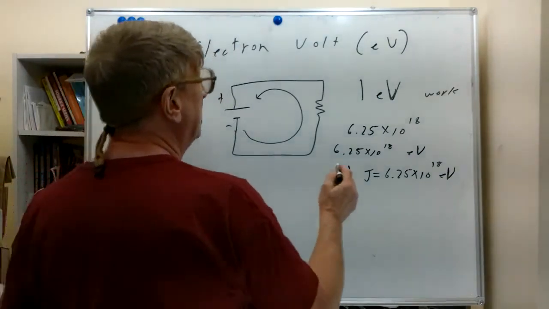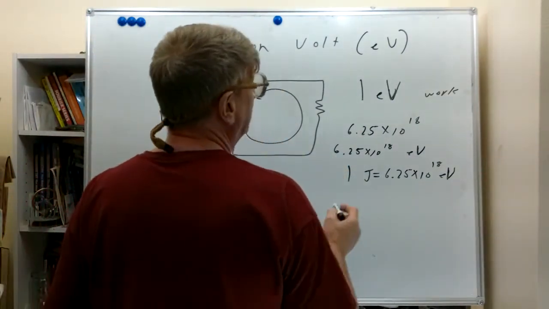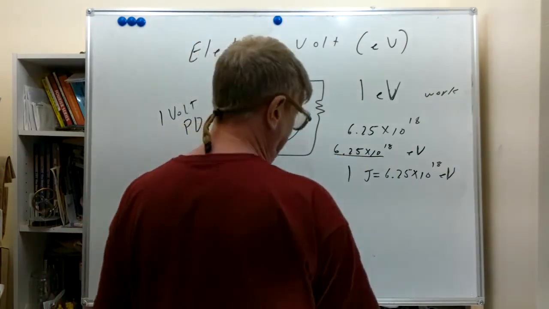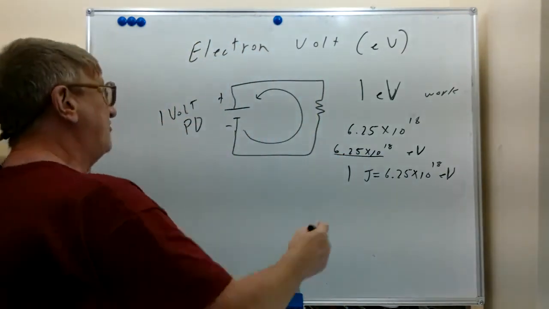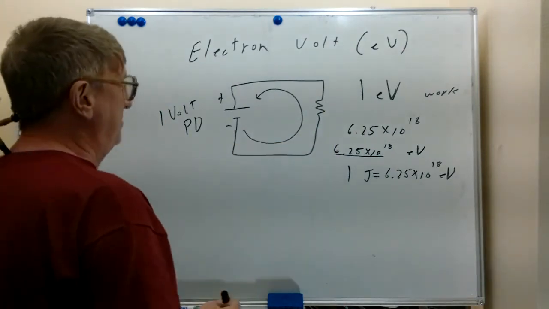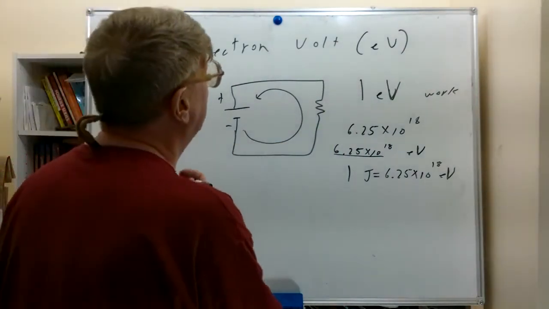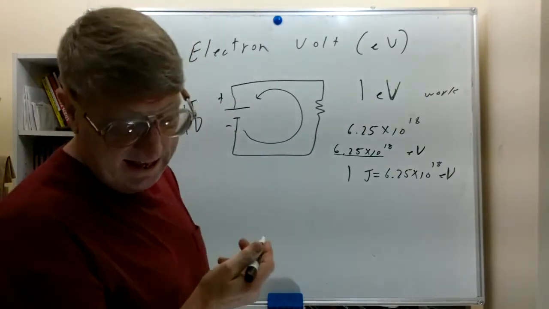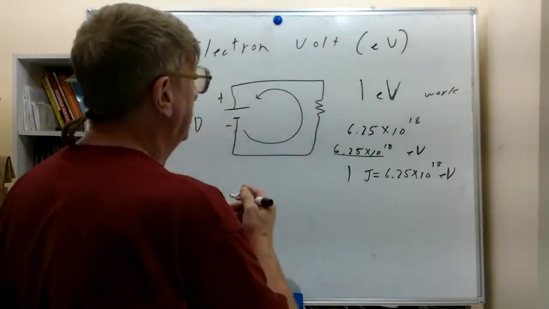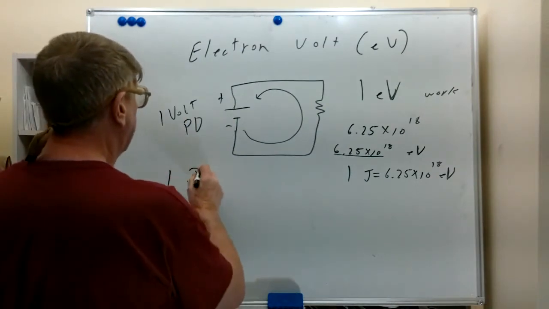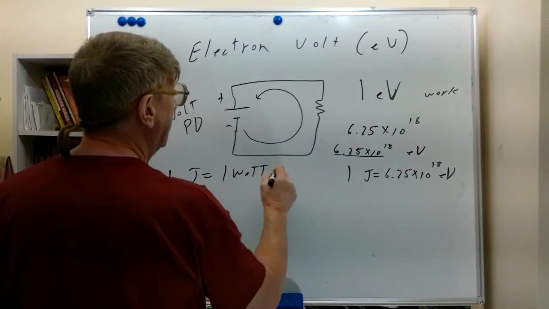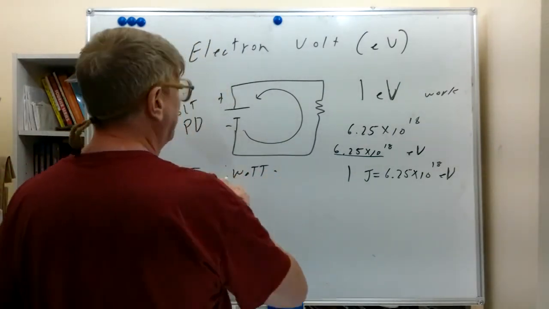Now you may remember that a flow of 6.25 times 10 to the 18th electrons per second was 1 amp. So basically, 1 joule equals watts times seconds.